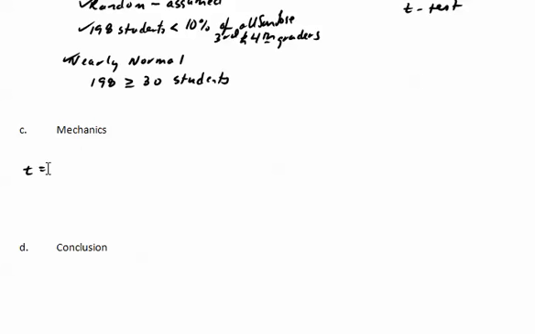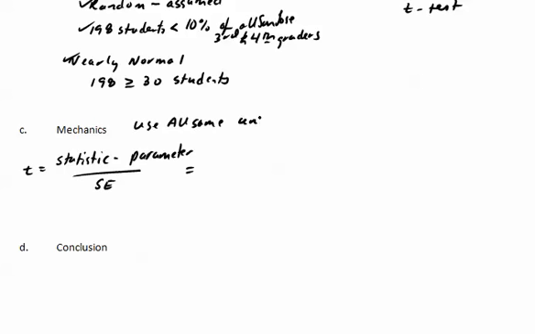Okay, let's go down and start the mechanics. Remember that our T value, that's the first thing we want to calculate, is the sample statistic minus the parameter divided by the standard error. So you have to have the same units, and so I'm going to use hours per week for all my calculations here.